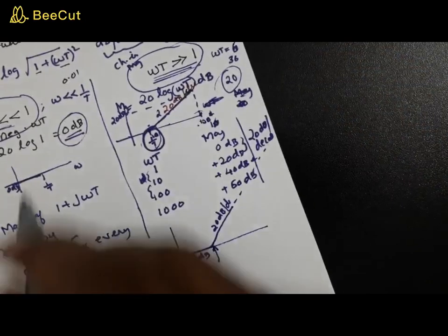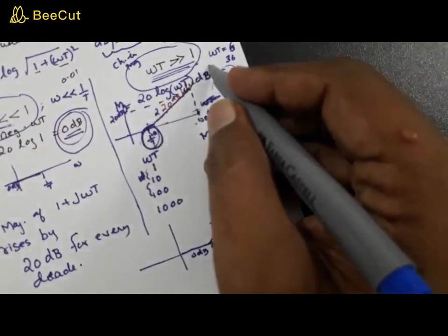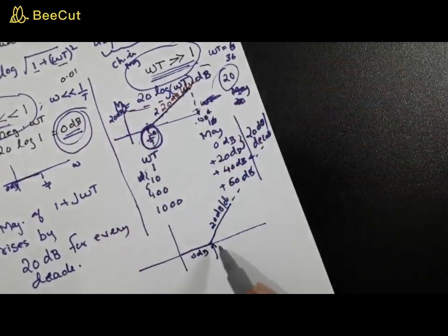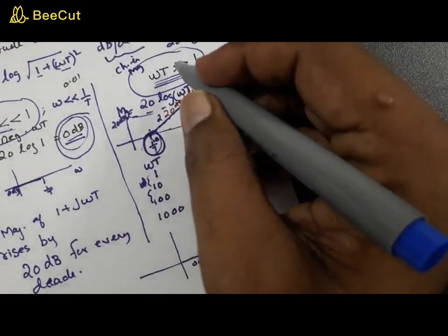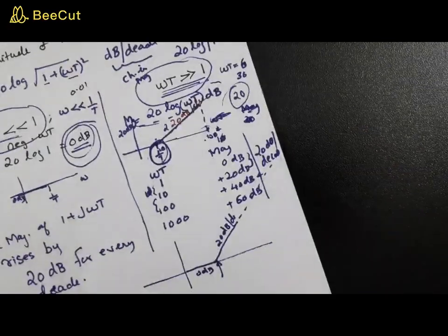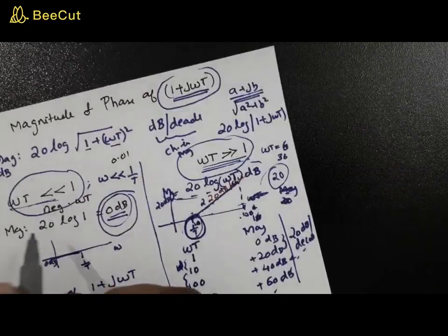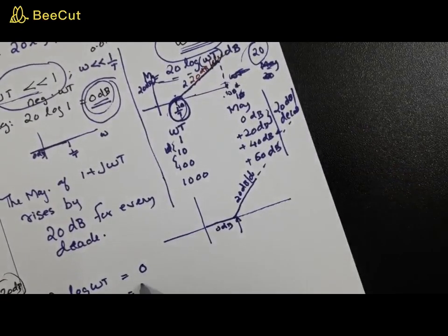So in other words, if you equate the magnitude during this condition to the magnitude during this condition, you will be able to find this omega. That is nothing but 20 log omega t, the magnitude during this scenario, and this is equal to 0, the magnitude during this scenario. So omega t has to be equal to 1, or omega is equal to 1 by t.